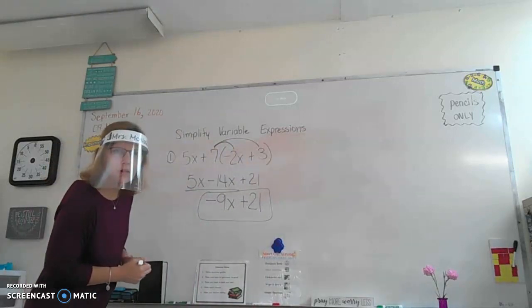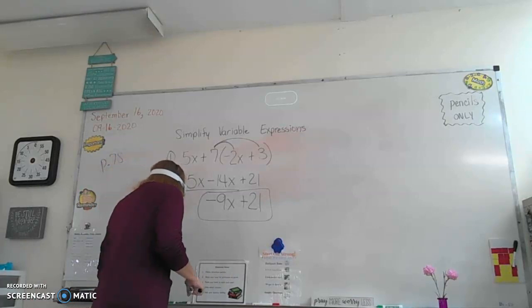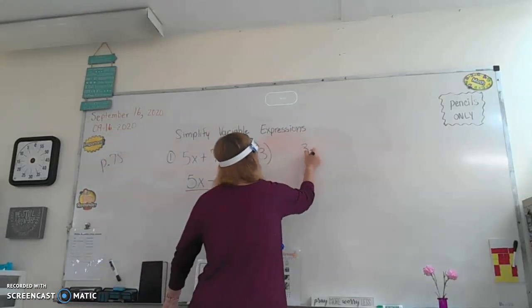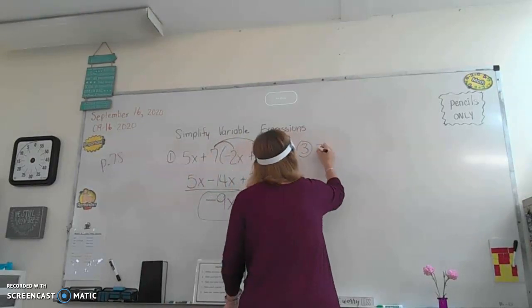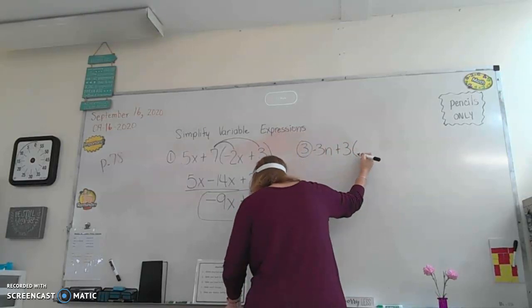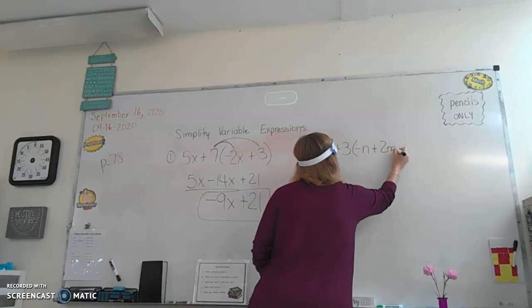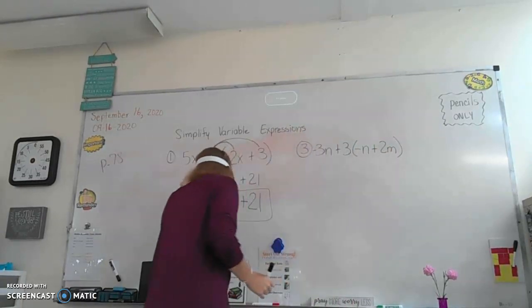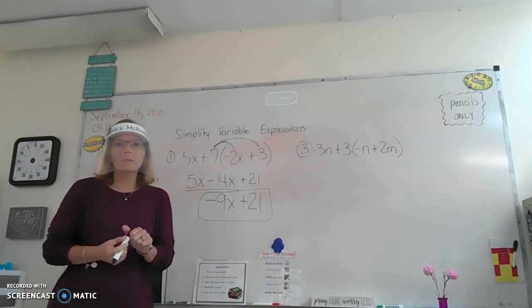I think I can put another one over here. Let's do another one. Let's do number 3. Negative 3n plus 3 times negative n plus 2n. Okay. So again, I'm going to do the same thing.